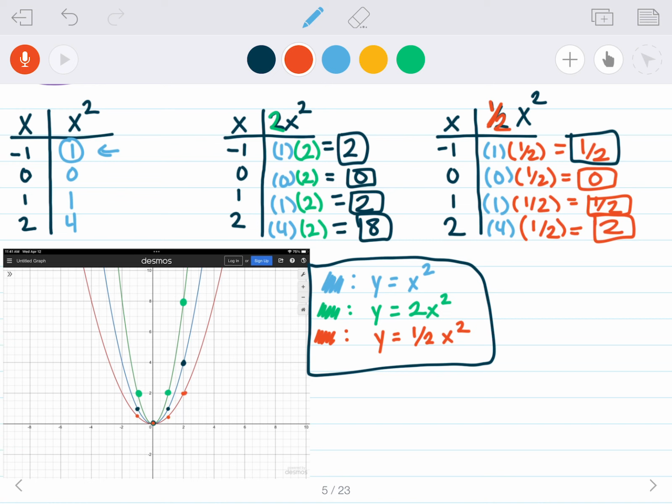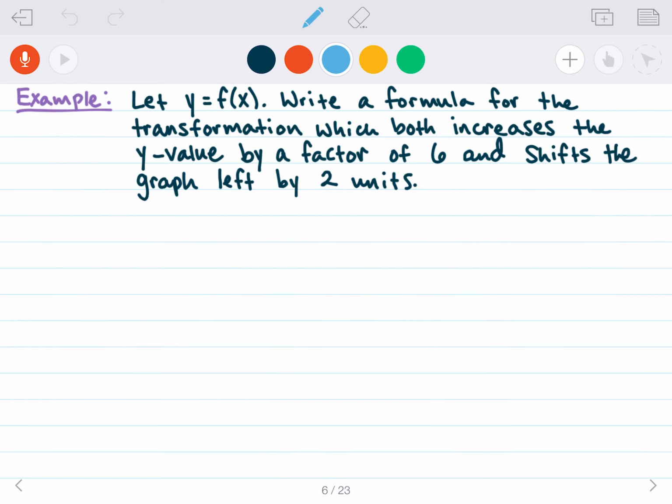So we can see that this time, compared to the parent graph, the points are moving down vertically by a factor of 2. So we're shrinking this thing. Okay, so that's vertical stretches and compressions or shrinks. Let's move on to this.